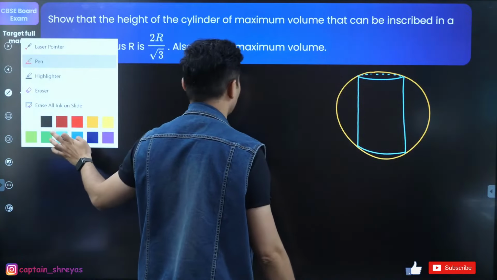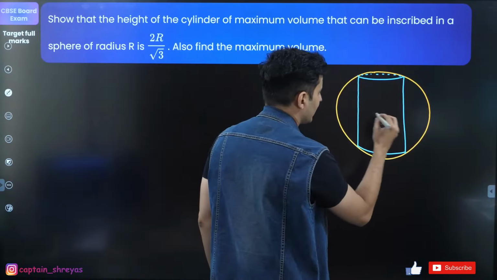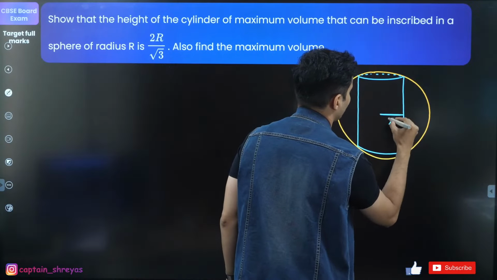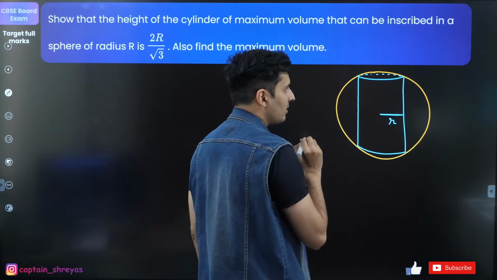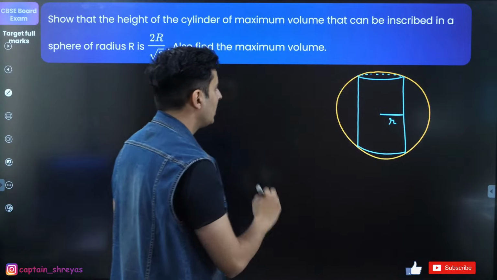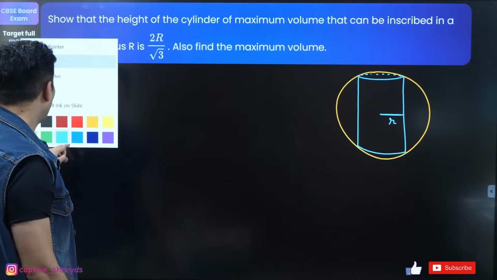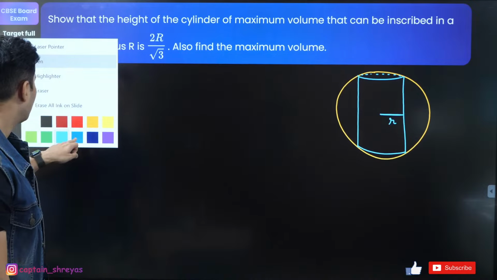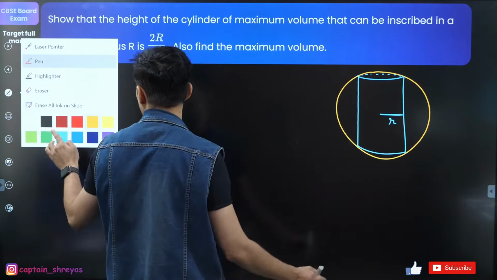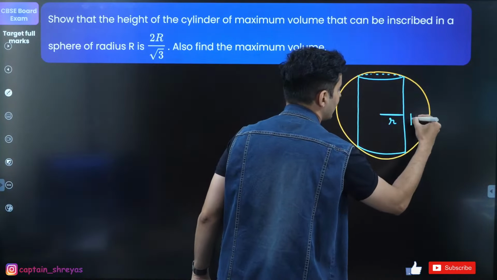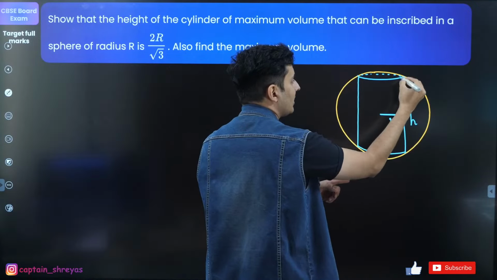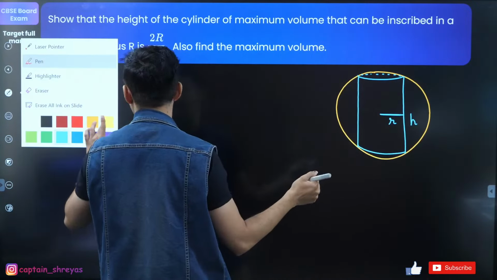So my logic over here is that, see guys, assume the radius of the cylinder to be small r. Now over here, if I take the height of the cylinder as h, and if I join this point to this point, observe what happens.